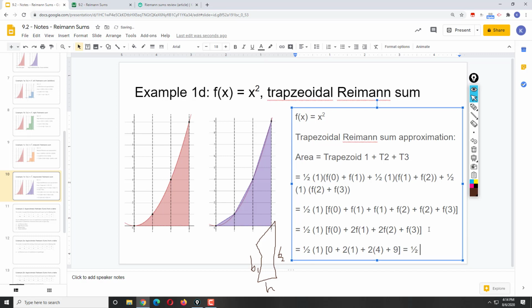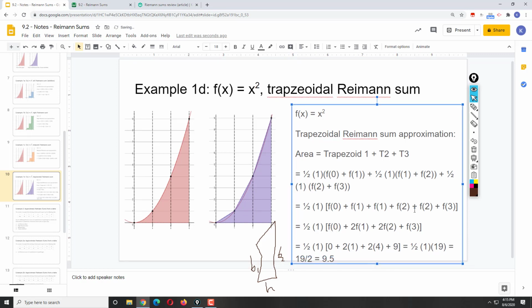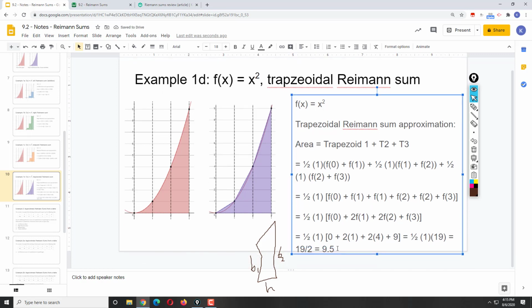So this is equal to 1/2 times 1 times 19. 0 plus 2 plus 8 plus 9 is 19. So the area is going to be equal to 19 over 2, which is 9.5. So our trapezoidal Riemann sum approximation for the area is 9.5.